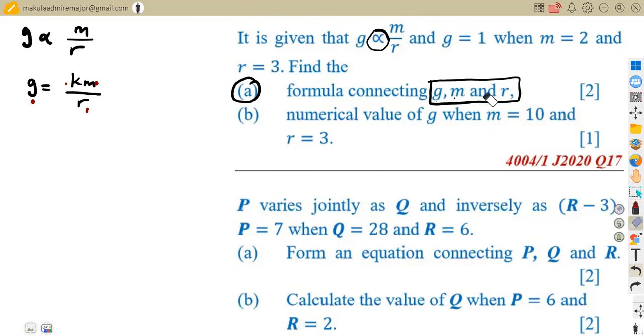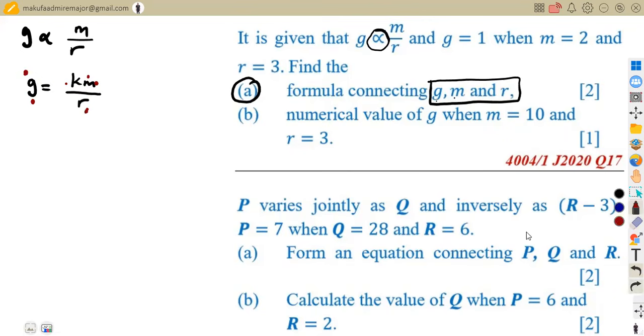We are supposed to calculate the value of K so that we remain with G, M and R as the letters that we see in the equation. K is not supposed to be seen as a letter. It is supposed to be seen as a numerical value, as a number. It's not mentioned here, so we are not supposed to see it in our answer.